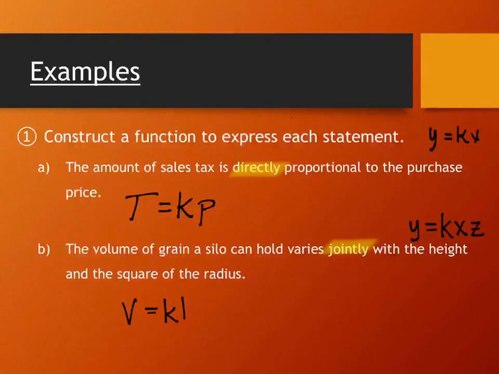H would be great. The next part's the part that's a little different. It says the square of the radius. So how do you think we might represent that? R squared, exactly, Aspen. Perfect. Because it said square in it. So we're going to square the letter that we're using to represent a radius.